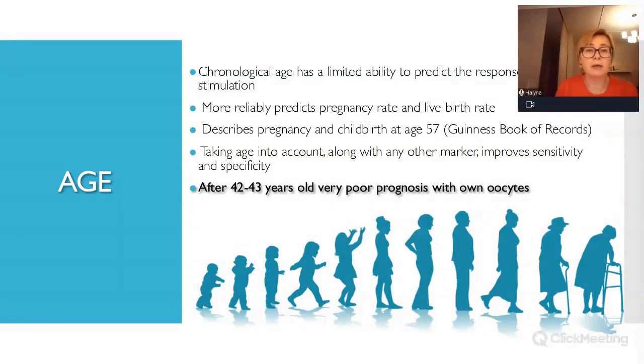If we take into account age with other markers, we will always have a better prognosis than with only one marker. So the main thing is that, okay, individually it is never possible to say exactly, but in most cases 42, 43 years old is the limit when we can receive a live birth with our own eggs.